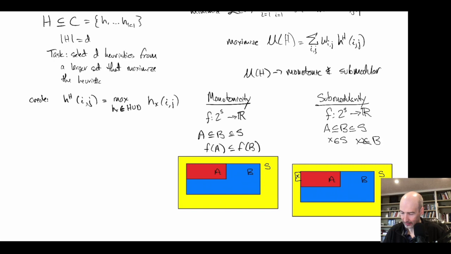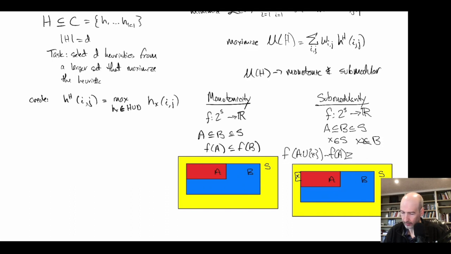So if I take my function of A where I add X to it, and I subtract my function of just A, then this has to be greater than or equal to, I'm going to run out of space on the side here.